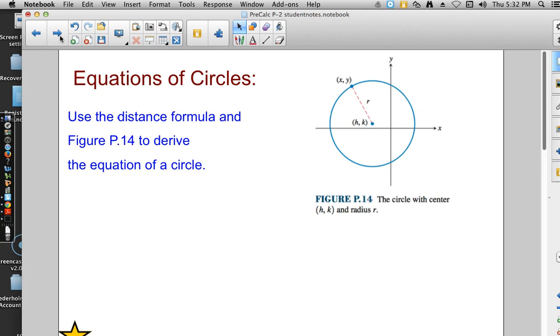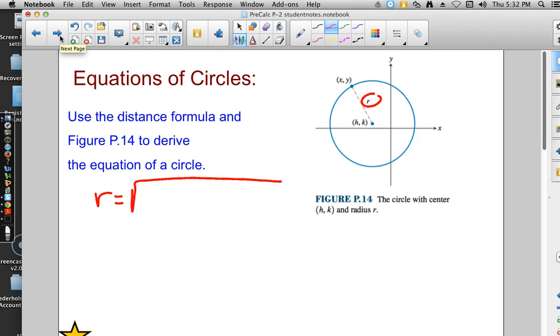So this says use the distance formula and figure P.14 to derive the equation of a circle. So how should one do that? Well, the distance formula tells us r. So r equals the square root of, well, let's see, this would be (x minus h) squared plus (y minus k) squared.